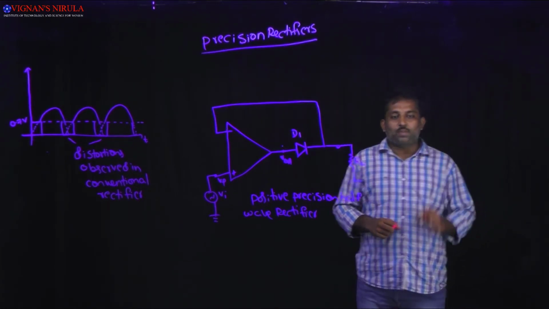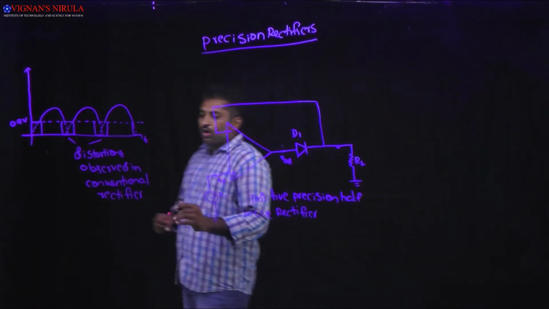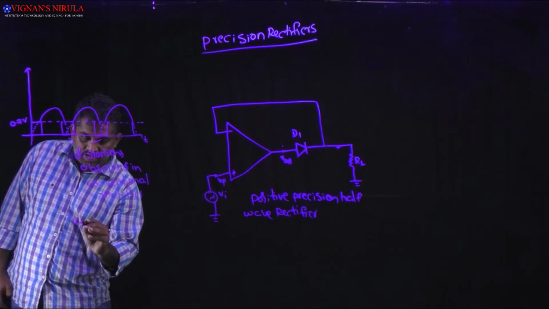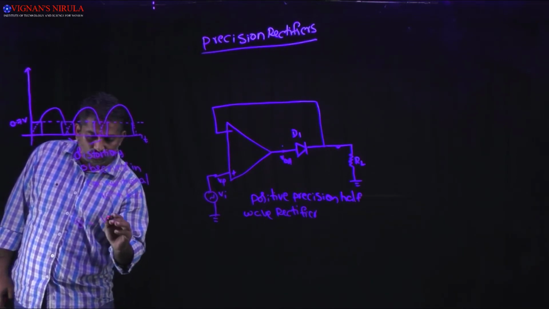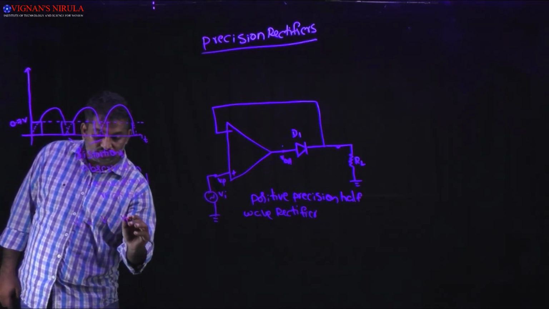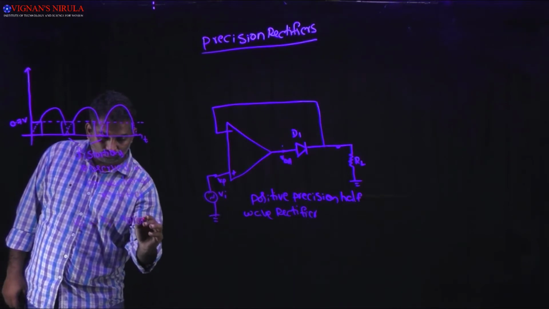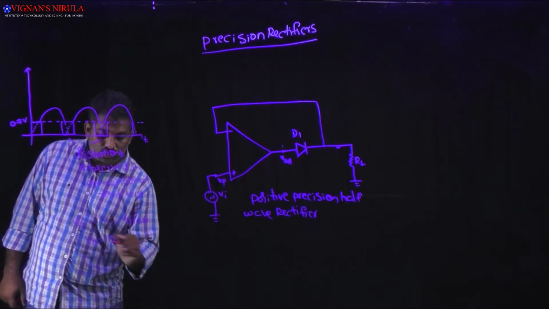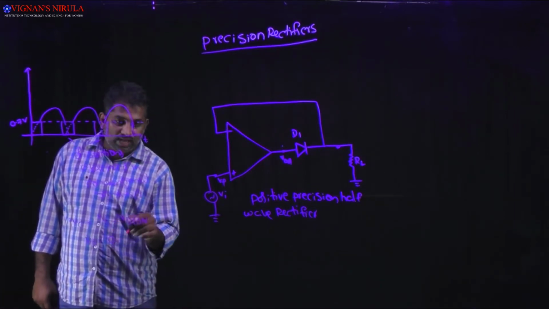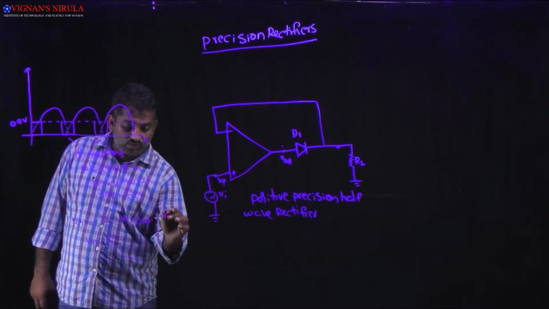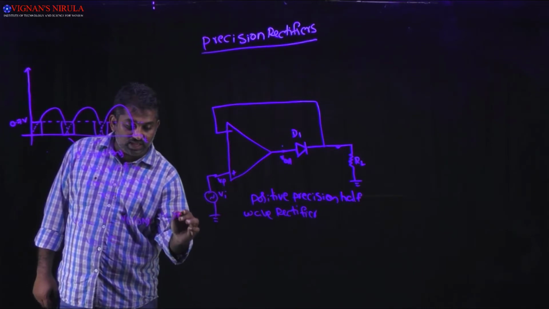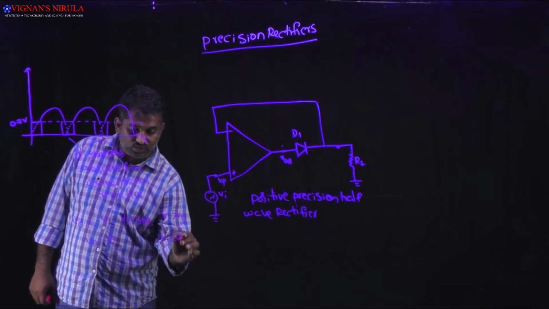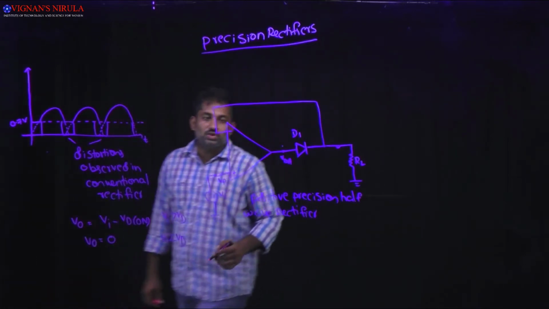What is the drawback? The output voltage of the conventional rectifier is represented as V naught equals Vi minus Vd on when Vi is greater than Vd, and if Vi is less than Vd, you will get V naught equal to 0.